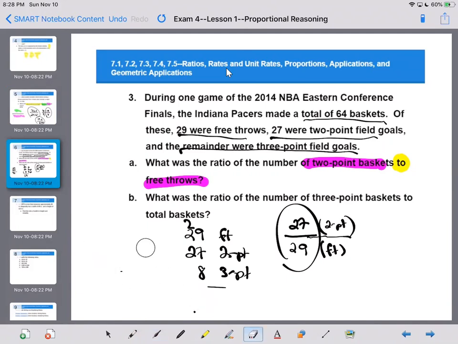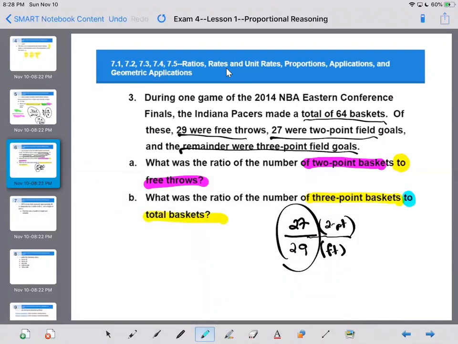And then if we look at part B, what is the ratio of the number of 3-point baskets to total baskets? And you can see the word to. So 3-point baskets would be 8. We said that we had 8 3-point baskets.